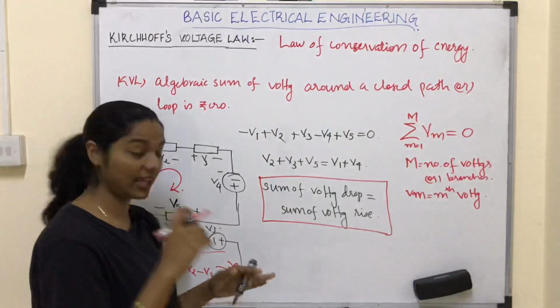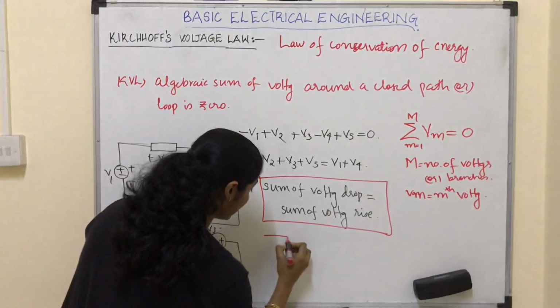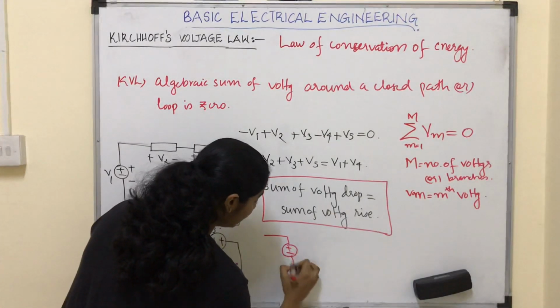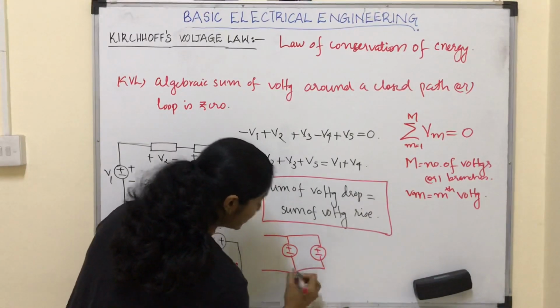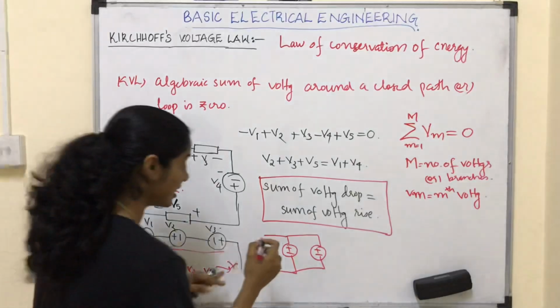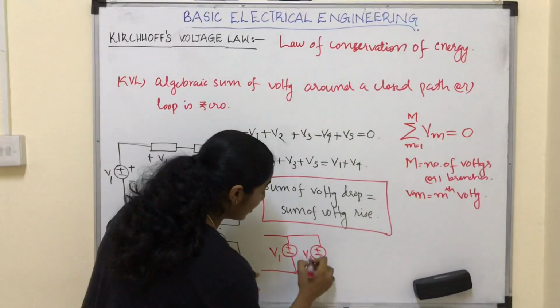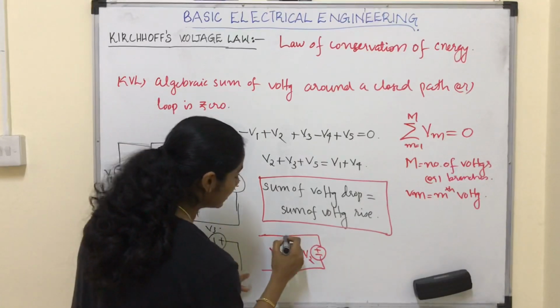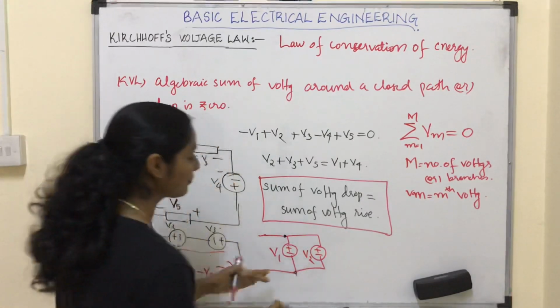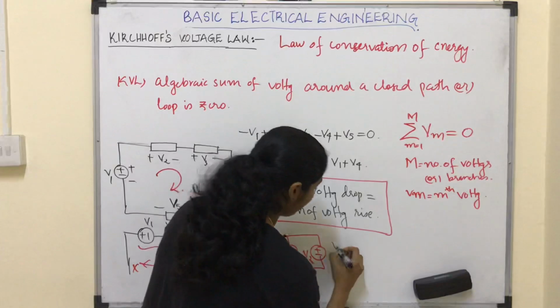And the other case is that we can't connect two voltage sources in parallel unless and until V1 is equal to V2, or this is a case of violation of KVL.